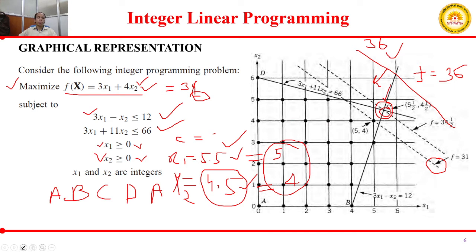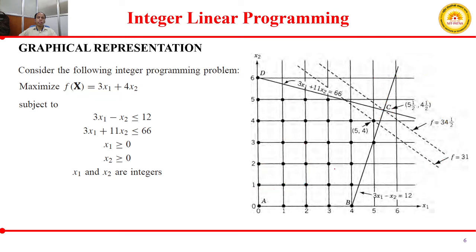Okay, but there may be a case that this rounding off does not work, and you may come up with a situation that the solution through your normal optimization problem is quite different from the solution of the integer linear programming problem. Okay, so we will try to see one example.